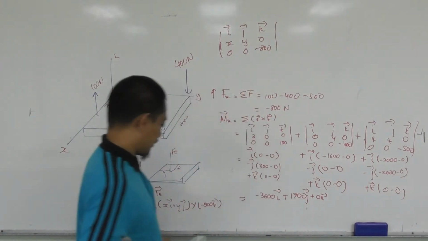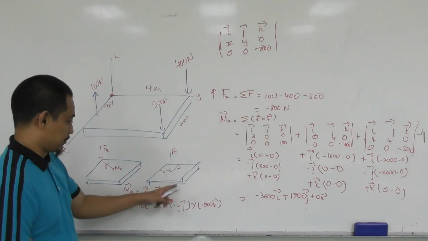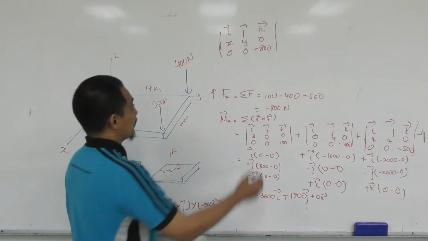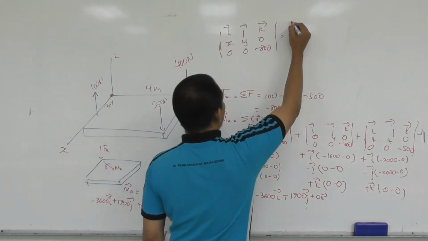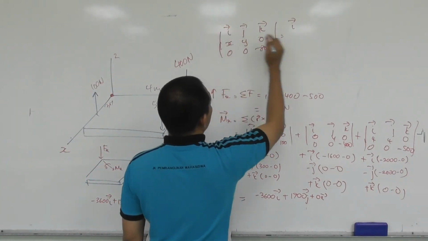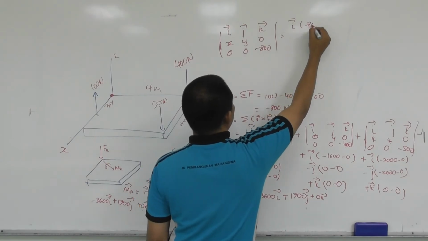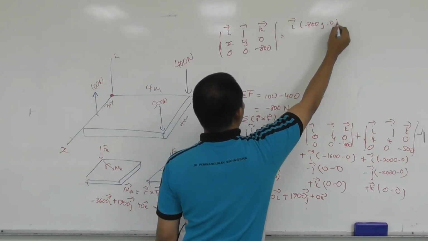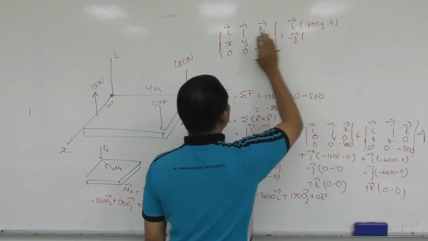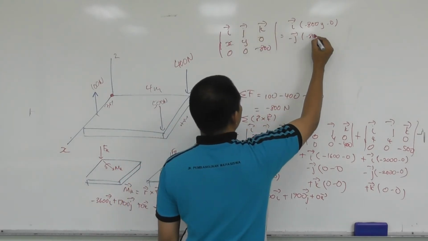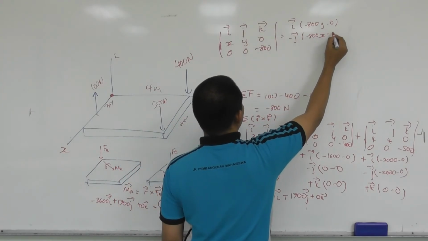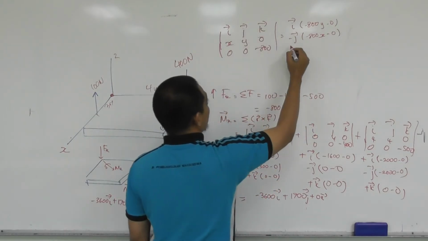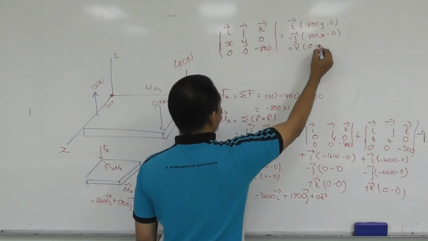This is r cross F for this diagram. So you will get i times minus 800y minus 0, minus j times minus 800x minus 0, and then plus k times 0 minus 0.